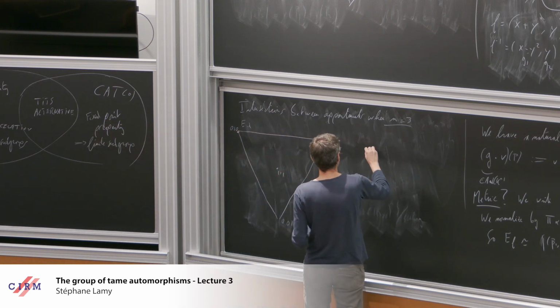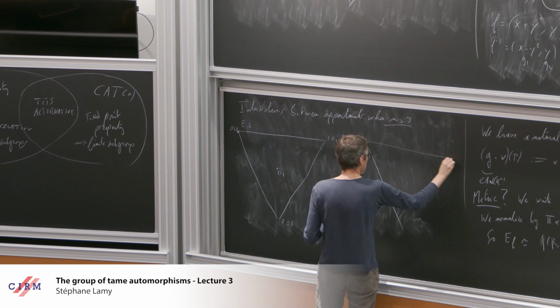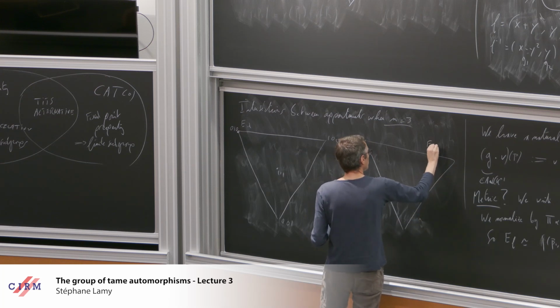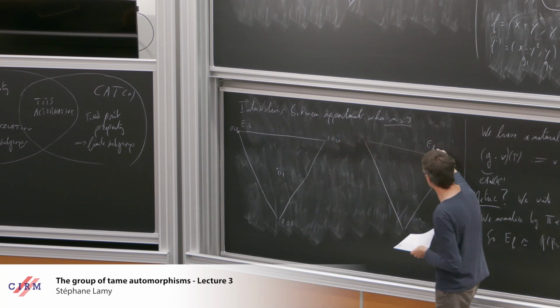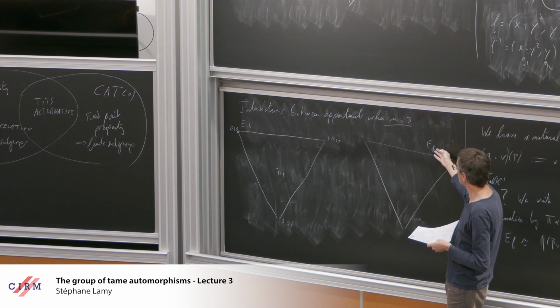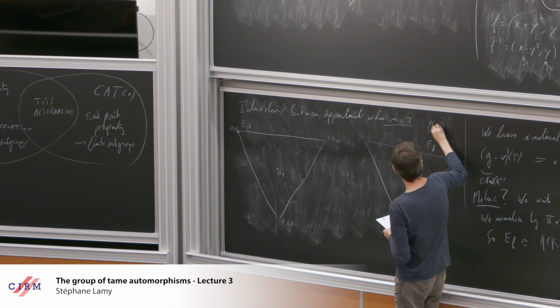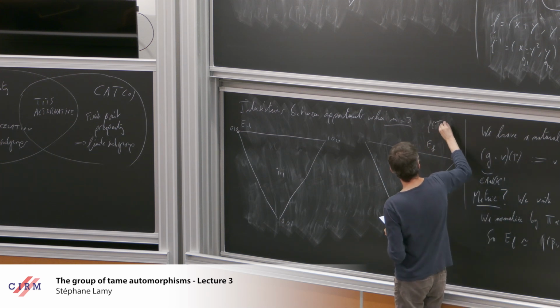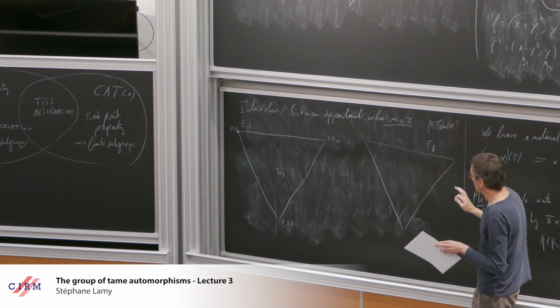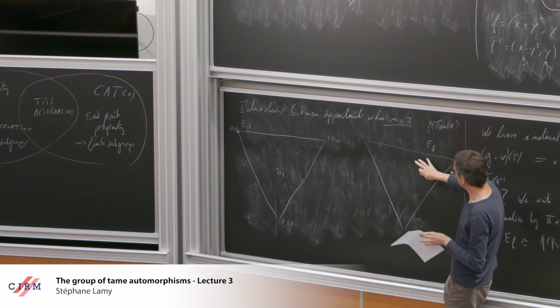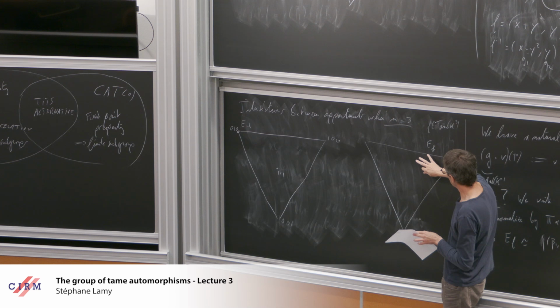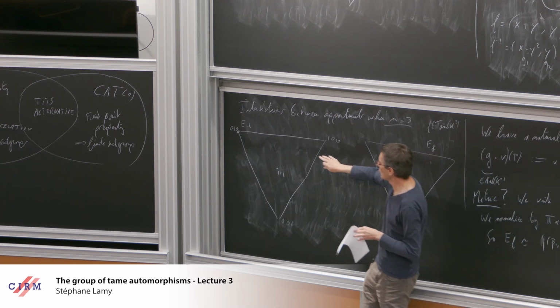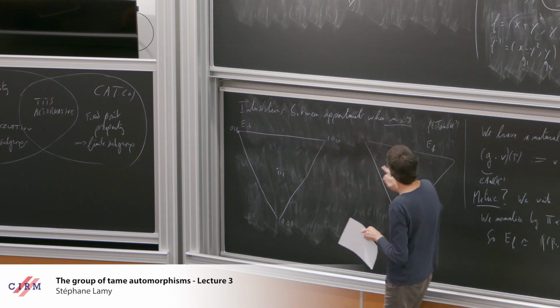I have another apartment here with respect to F, given by a tame automorphism in case 3. And I'm going to try to draw the points here which are identified with points here.